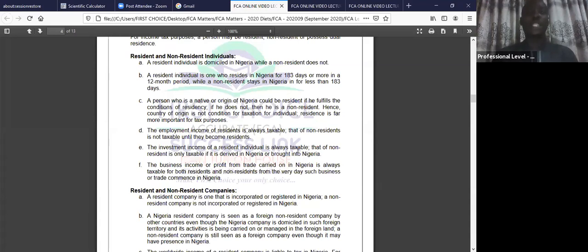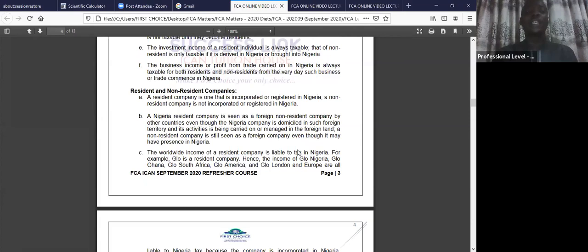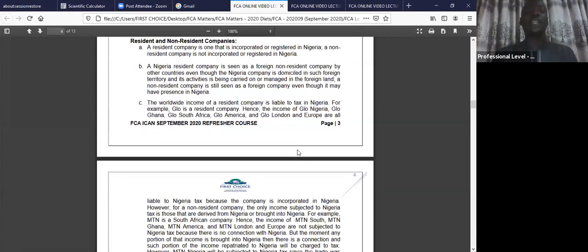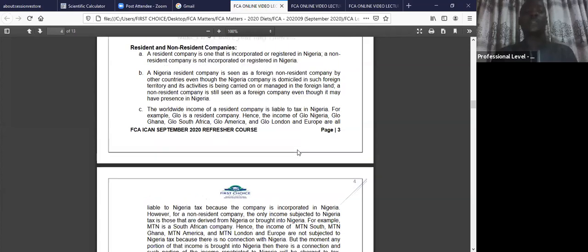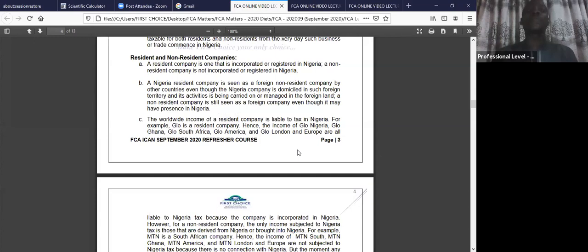And so you are not in Nigeria, you are not domiciled in Nigeria, but you are an ambassador for Nigeria in the United States. That means you are a resident because that ambassadorship is seen as Nigerian soil. So you are still a resident. But a United States ambassador in Nigeria, even though he stays 4 years, is not a resident.